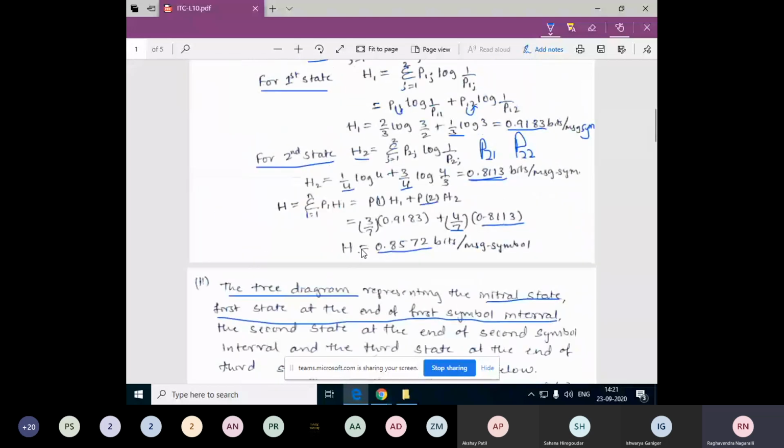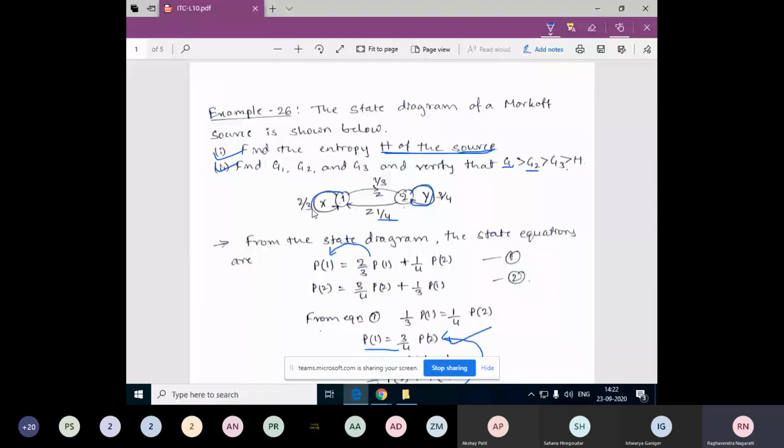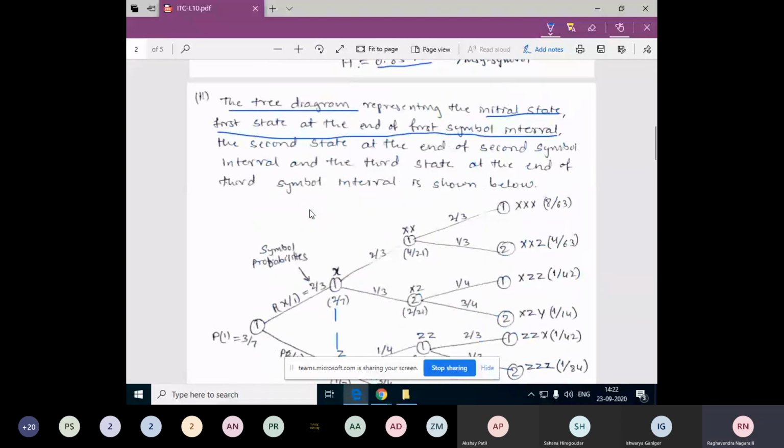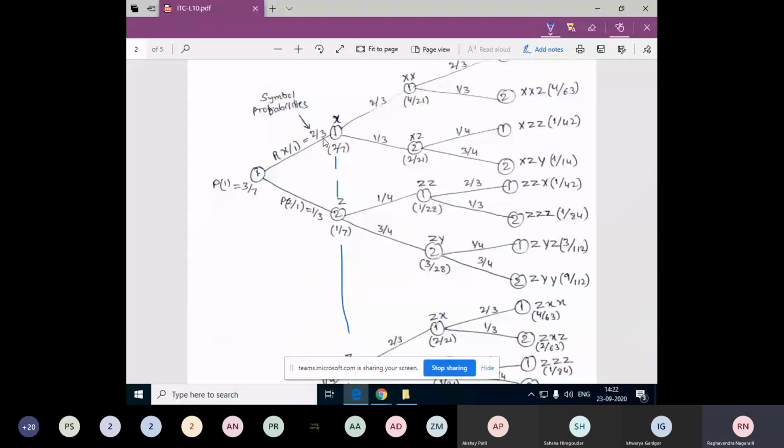For example, from 1 to 1, if there is a transition, this becomes the emission of one symbol with probability 2 by 3. From 1 to 1 we have a symbol emission, that symbol is X, and the probability of that symbol is 2 by 3.